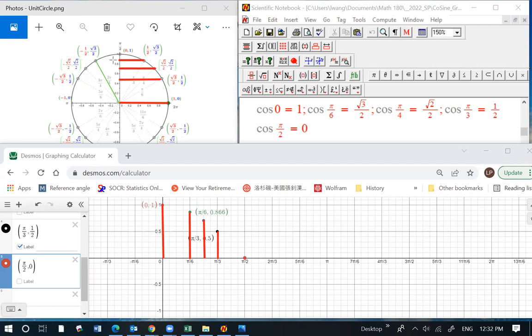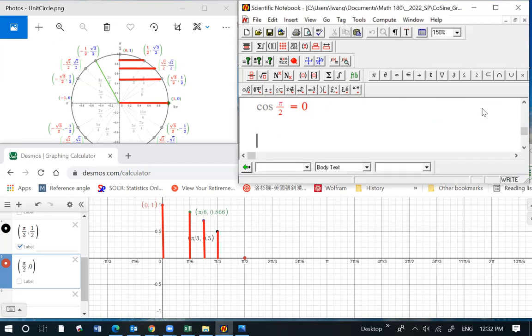And so cosine 2 pi over 3, I'm going to write down the mathematical expressions. How do we figure out cosine 2 pi over 3, right?